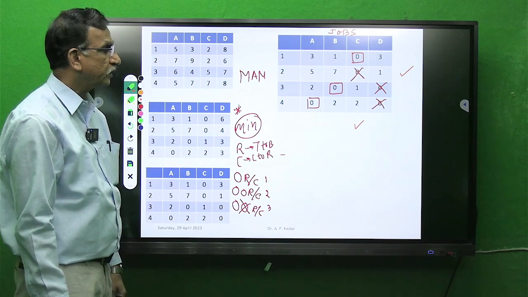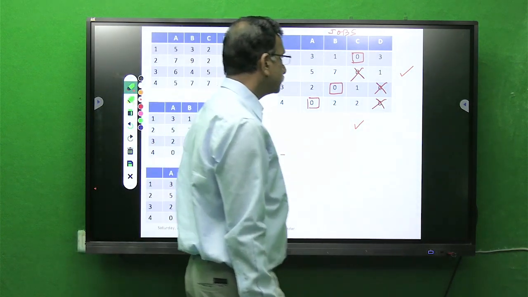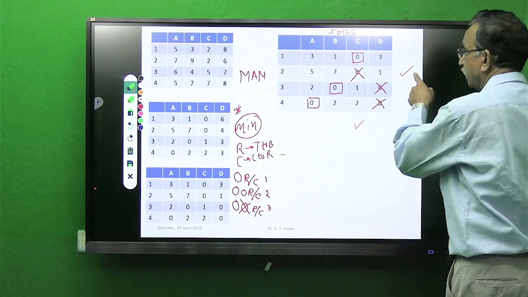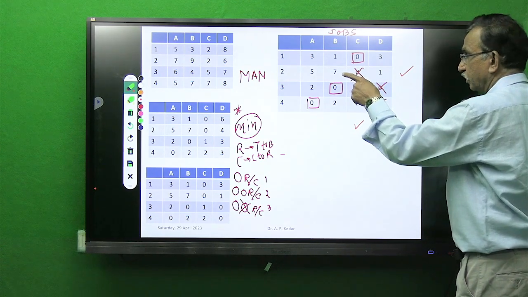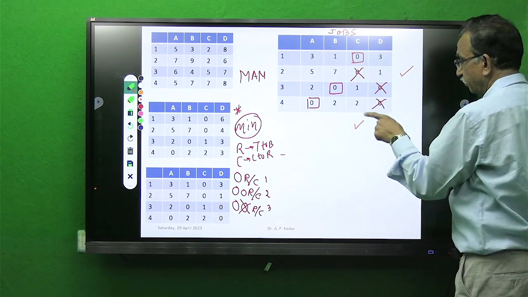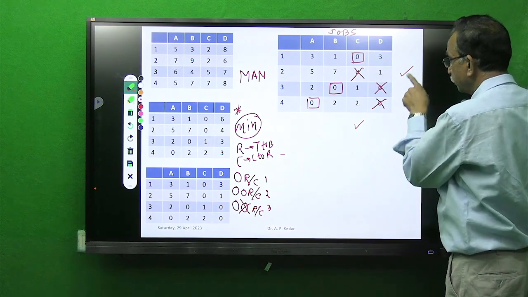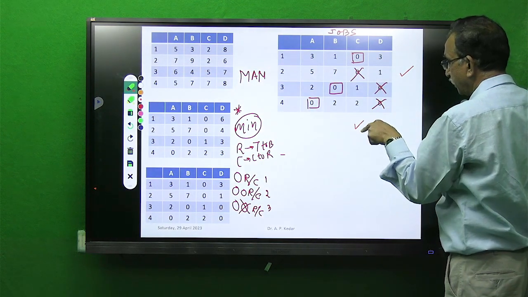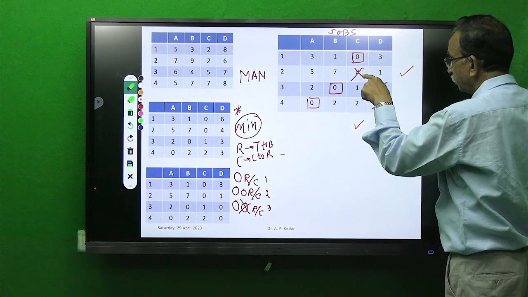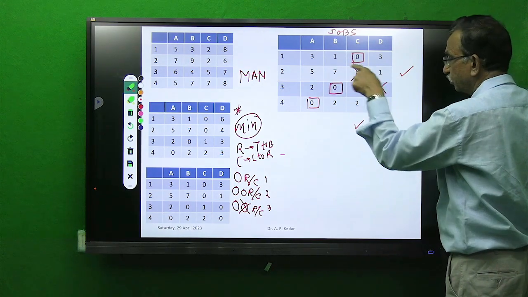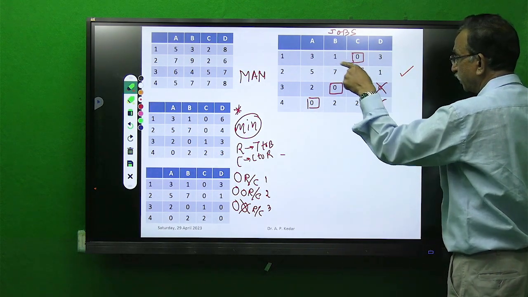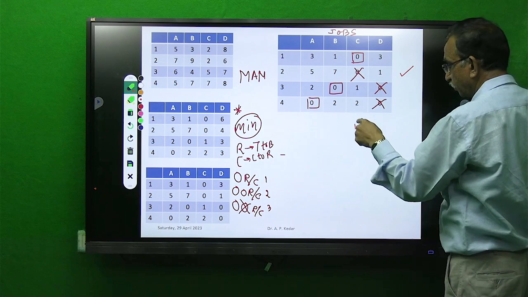Then what is the next step? First is tick mark the row which is not assigned. Then tick mark the column having 0 in the marked row. This is the marked row, the tick marked row. In the tick marked row, this is 0. The corresponding column is this.